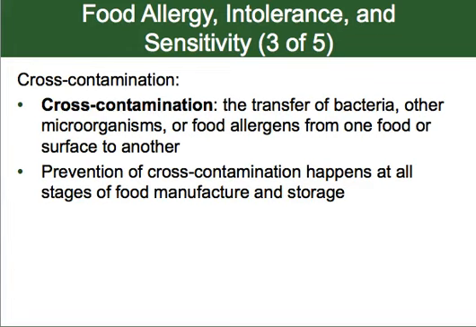And this is because of cross contamination, which is the transfer of bacteria or other microorganisms, or in this case, a food allergen from one food or surface to another. So cross-contamination must be prevented and documented during storage, production, and cleaning procedures at any food manufacturer.